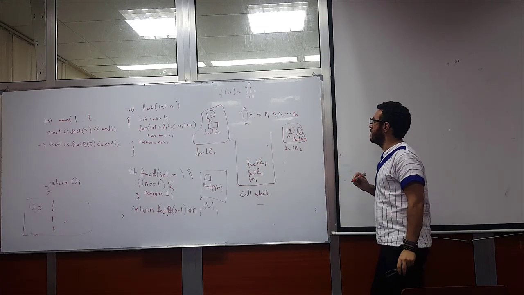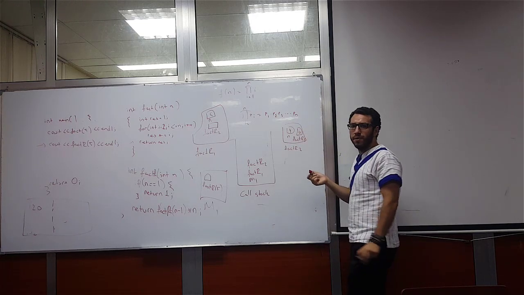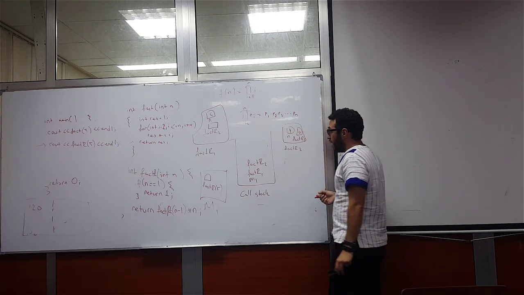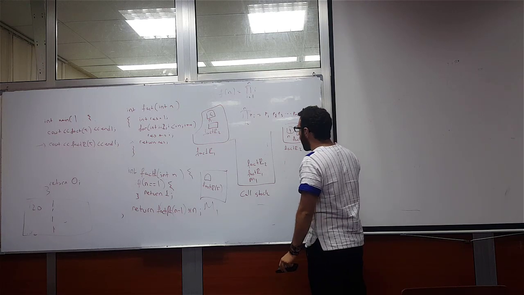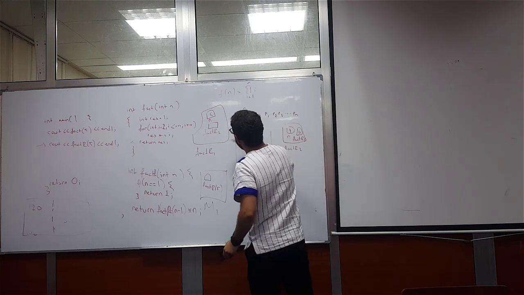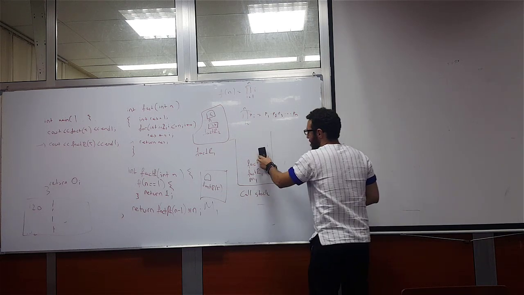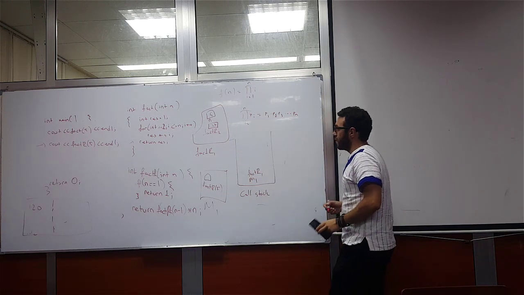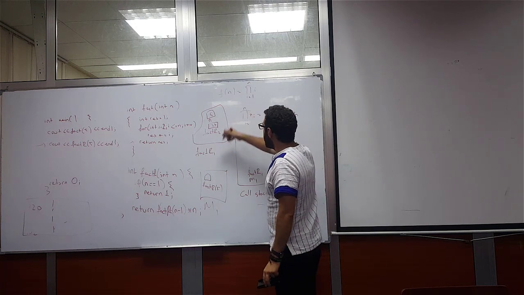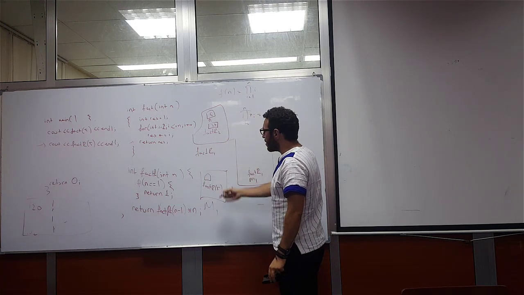So 6 is here. Now we make the multiplication, 24, and then we return 24 to our caller, which is fact R1, and then we get rid of this. And then this goes out of the call stack. And here, fact R1 again has everything available now.